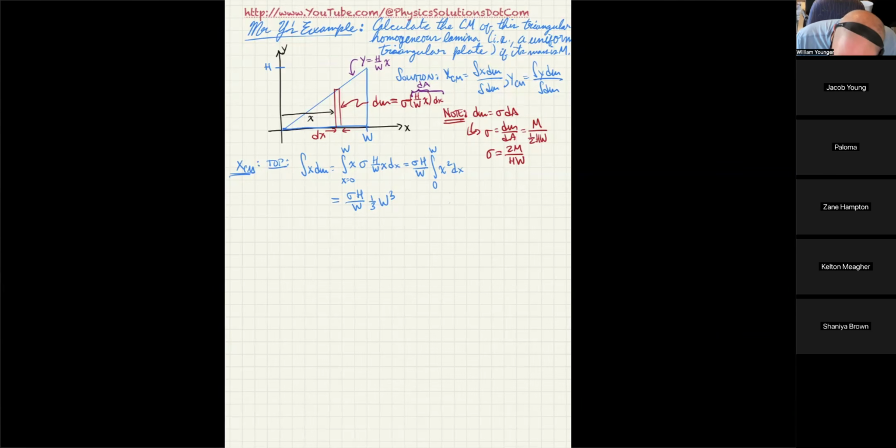Now I have the w cubed canceling out with the w downstairs to give me w squared. So now it's going to be sigma h w squared over 3 is the top. Now I can do the bottom. Anybody have any questions about that top before I go on to the bottom?